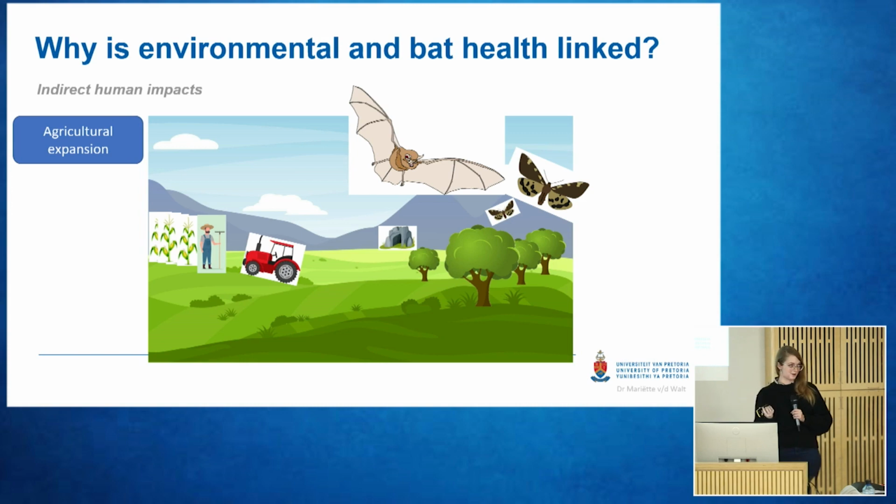I focus on the cave-dwelling species, so I like doing all of my research on them. So whenever I'm speaking about roosting habits, I'm more referring to cave-dwelling species and cave roosting rather than vegetation roosting. So this bat comes from a cave. He's flying around the landscape, he's feeding on insects, and then agricultural expansion comes along. So there's the farmer, and he has cleared a whole bunch of natural vegetation to plant his crops.